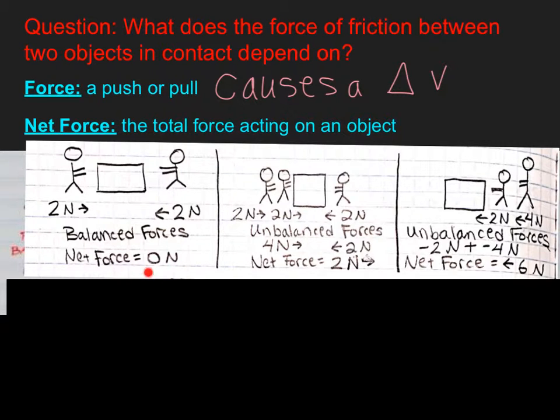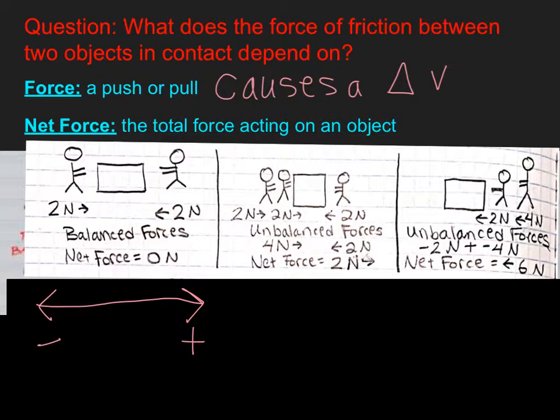So the net force is just the total amount of forces added together. What I have to do here, because they're acting in opposite directions, is I have to think about one direction as being considered the positive direction and the other being considered the negative direction. Normally, when I try to decide which direction is positive and negative, I just use the way a regular number line or a graph would be, so that going to the right is positive and going to the left is negative.